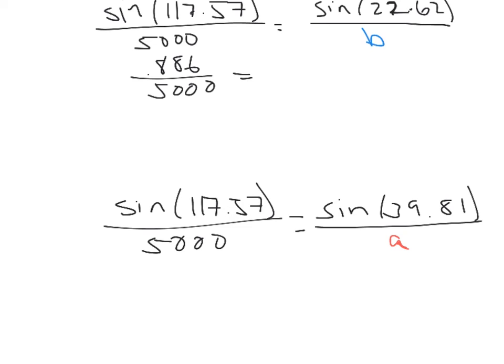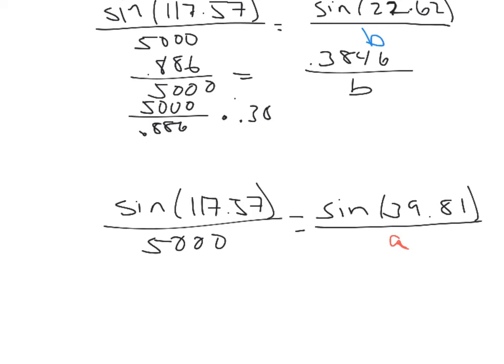Sine of 22.62 is 0.3846 over B. So what that means is 5,000 over 0.886 times 0.3846 equals B. So let's figure that out.